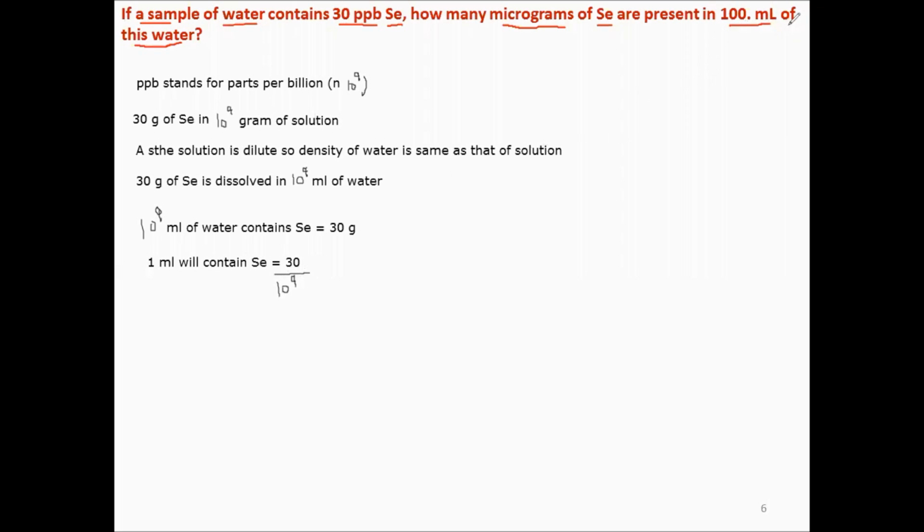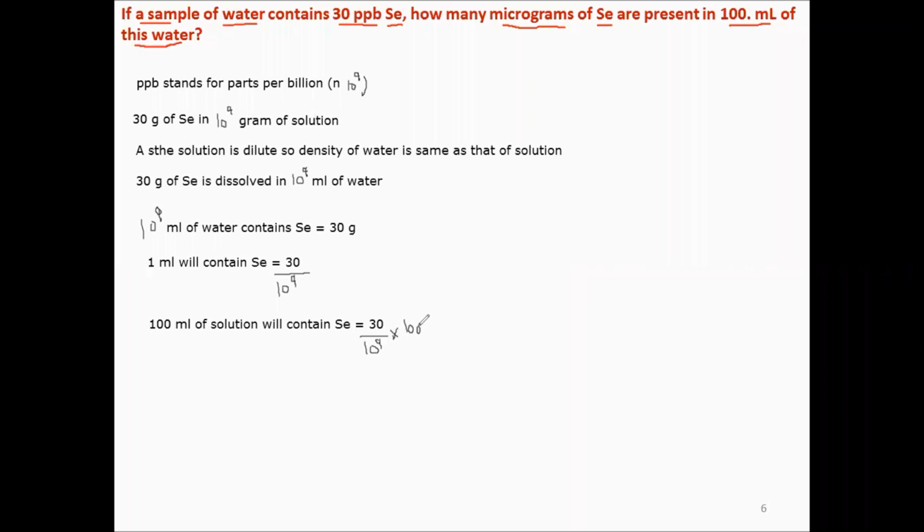Now we have to calculate for 100 ml. So we will write here 100 ml, simple unitary method. 100 ml of solution or water, we can say solution will contain selenium is equal to 30 divided by 10 raised to the power 9 multiplied by 100.